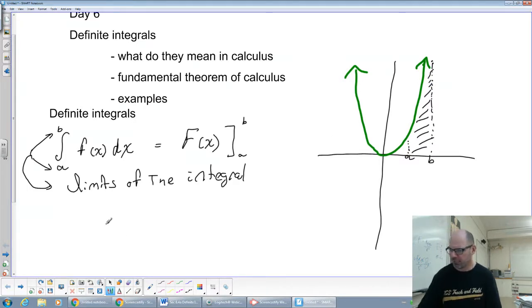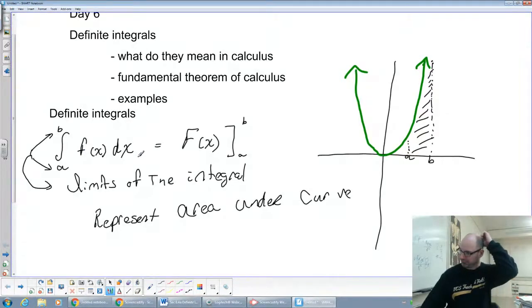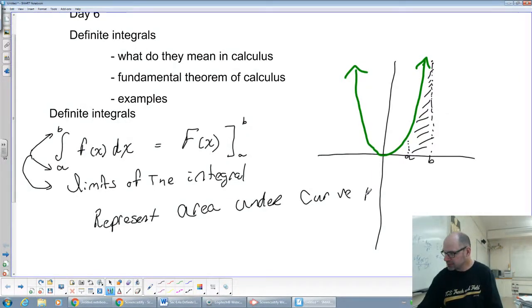So this represents the area under the curve, right? F of x, not the capital F of x because that's the integral.